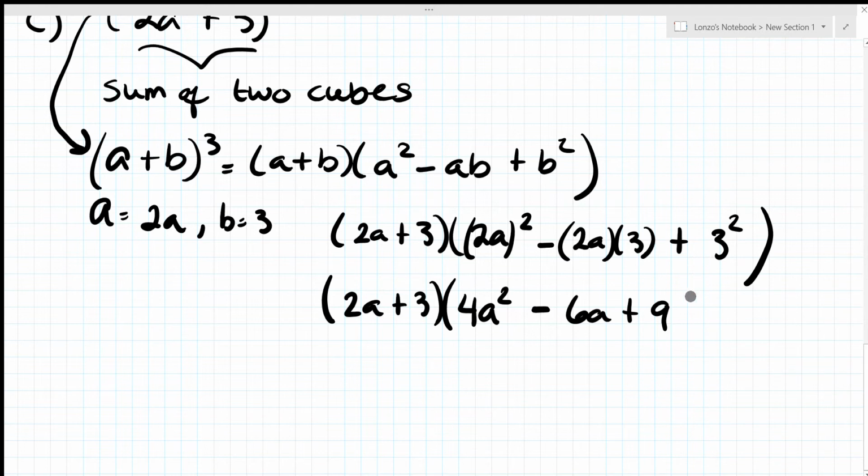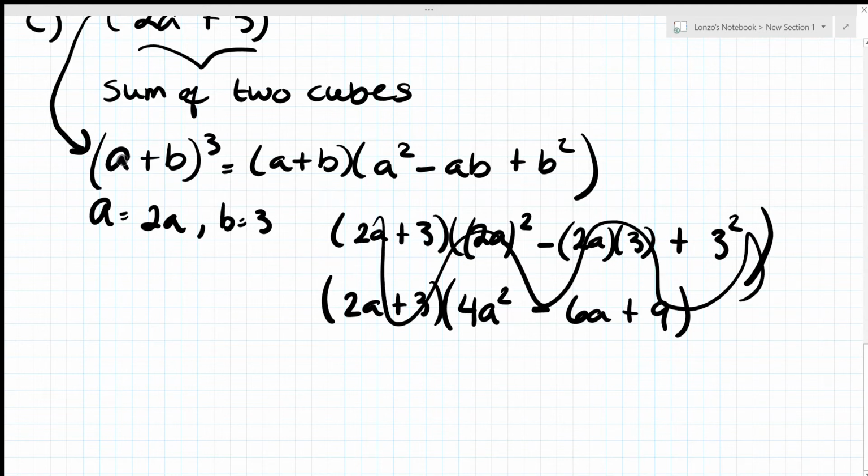You guys, actually, you didn't have to do this part. There was a simpler, easier way. Since it looks like this, remember we're cubing this part, so our a is 2a, and we've got to cube that.